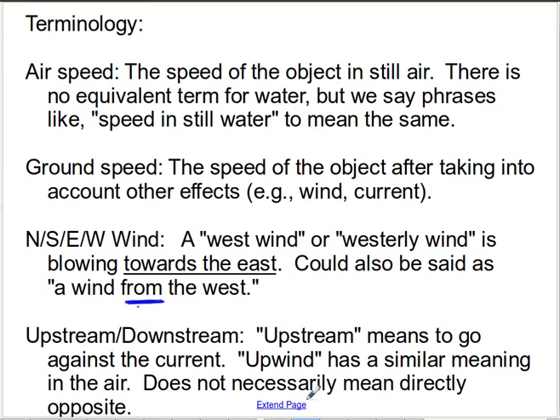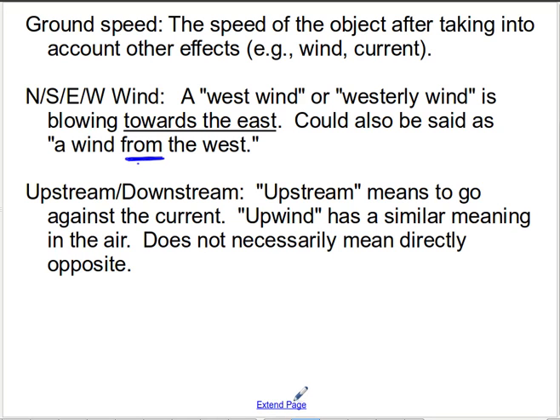And finally, speaking of flowing, you'll also see the words upstream and downstream. So if we focus on upstream, because downstream just means the opposite, upstream means to go against the current. And similarly, upwind means to go against the wind. Now, it doesn't mean we're necessarily going directly against the wind.